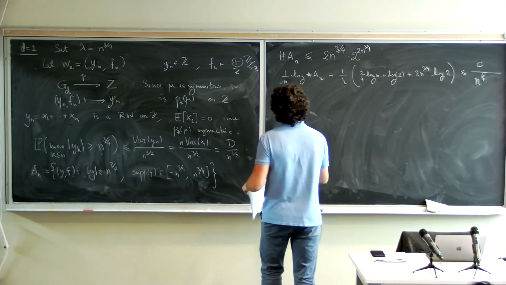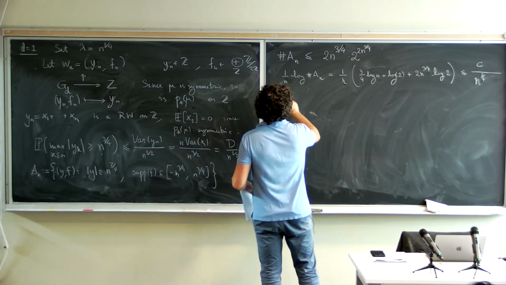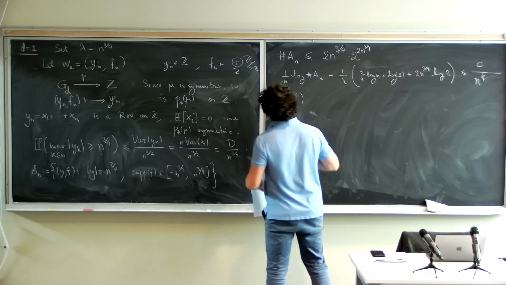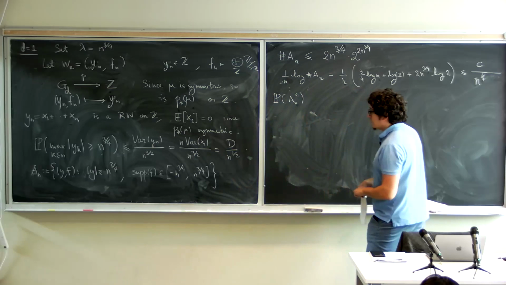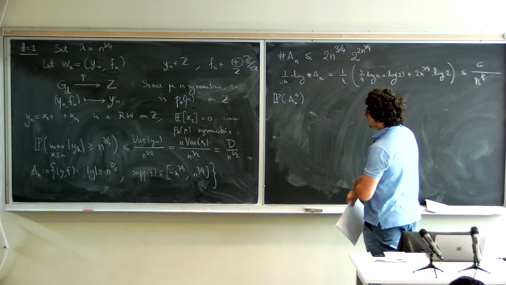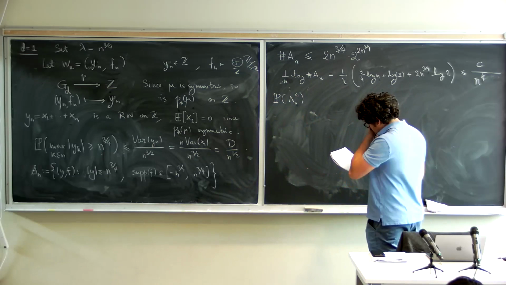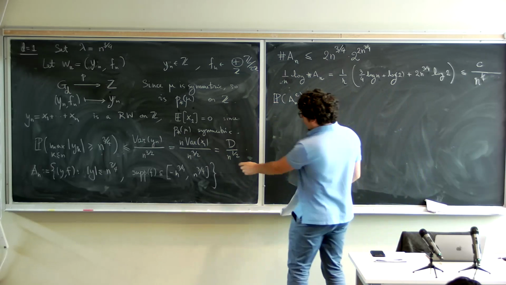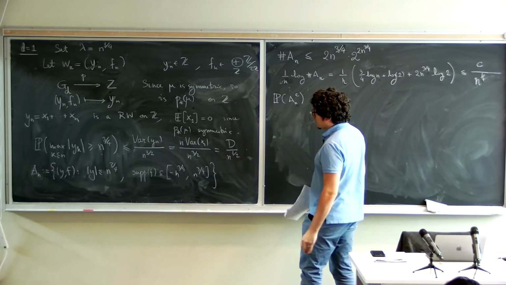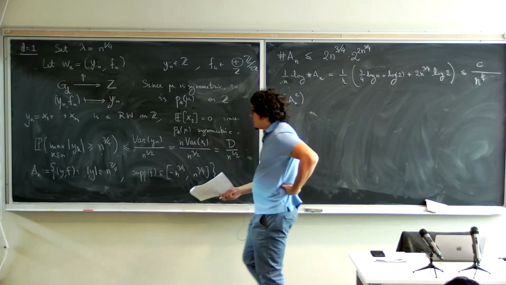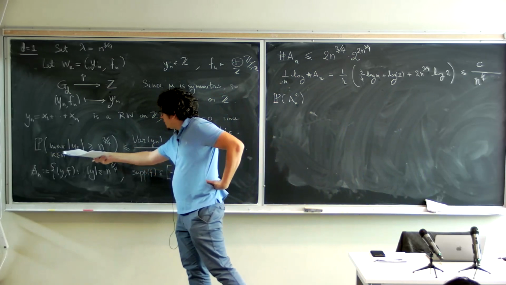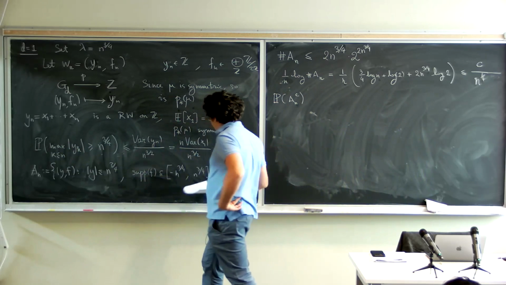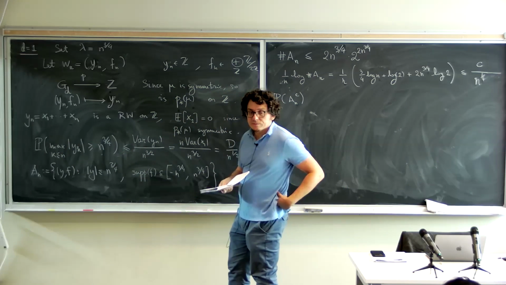So the probability of A_n complement: A_n complement means that the walk has gone out of this bounded box.